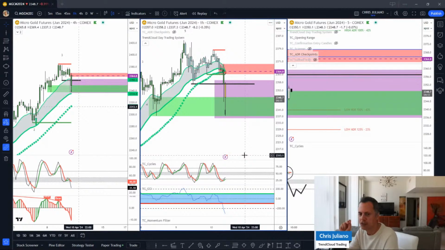So you can see TrendCloud, when you understand how to use all of the little moving pieces of TrendCloud, it will give you a full perspective of the market.